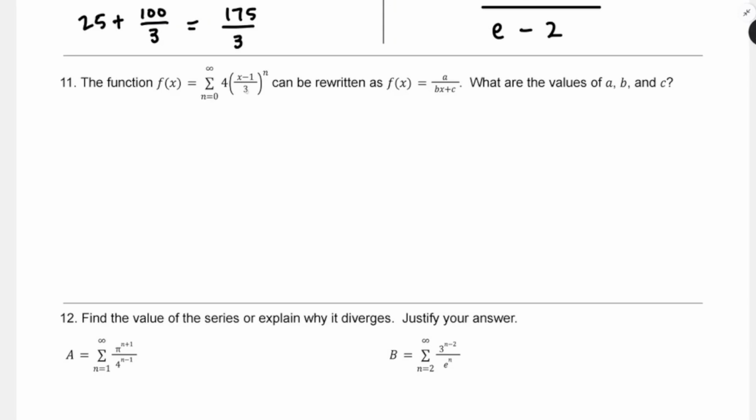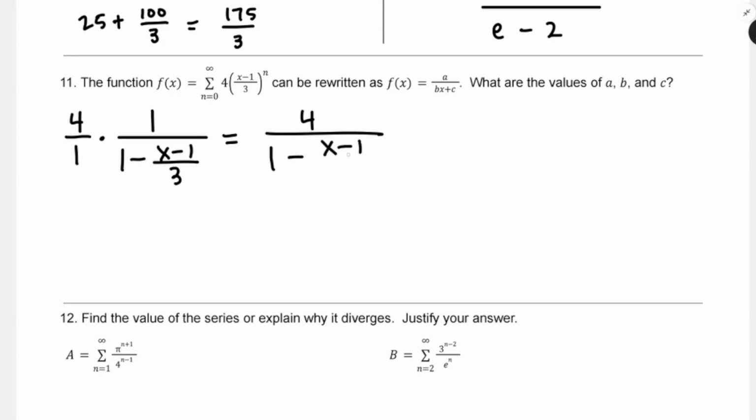Okay, so provided that x minus 3 over 1 is between negative 1 and 1, the first term is going to be 4 times that to the 0, times 1 over 1 minus the common ratio, x minus 1 over 3. Okay, and that's going to equal 4 over 1 minus x minus 1 over 3. And I'm going to take that same strategy I just took and multiply by 3 over 3 to get it in some sort of usable form.